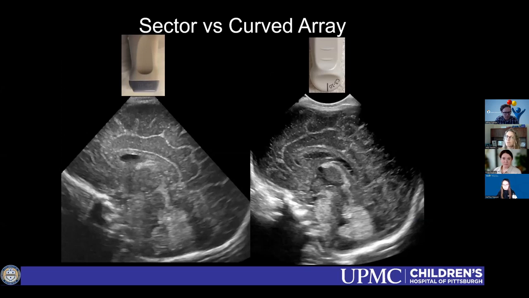At our institution, we are a large quaternary referral center, but we still read for lots of other sites. And one of our sites still has a sector transducer. So at that institution, this is what we get, and the detail is not as great. At all of our other sites, we have a nice little baby head probe, which fits over the anterior fontanelle nicely.